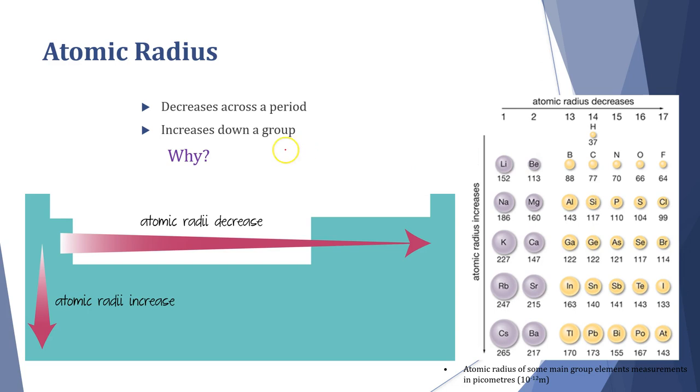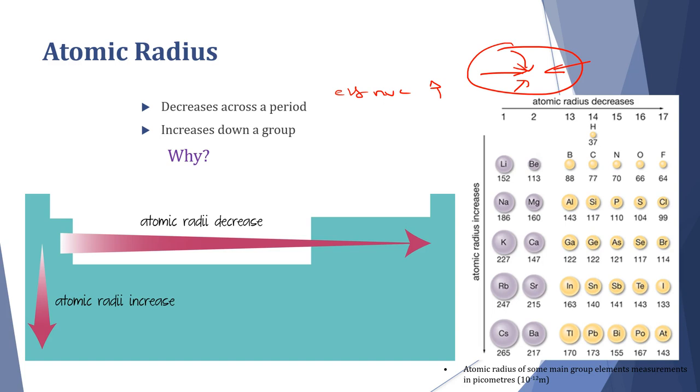If you think about this, this will be because as we go across a period, our effective nuclear charge increases, which means that the electrons are being pulled in more tightly to the nucleus, which is going to suck that electron cloud in more tightly around the nucleus.